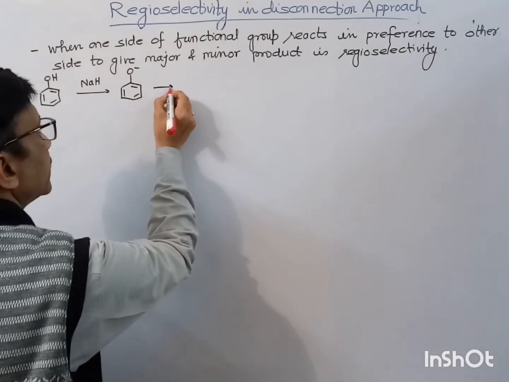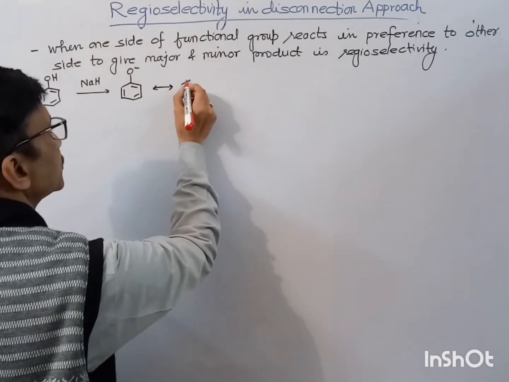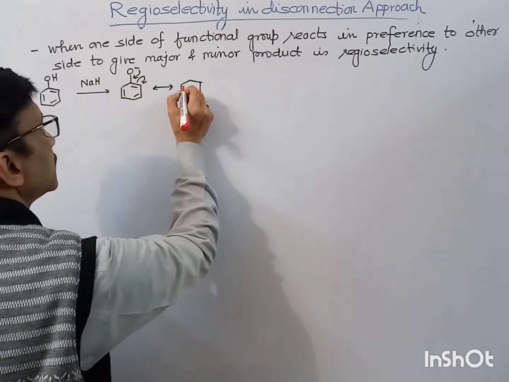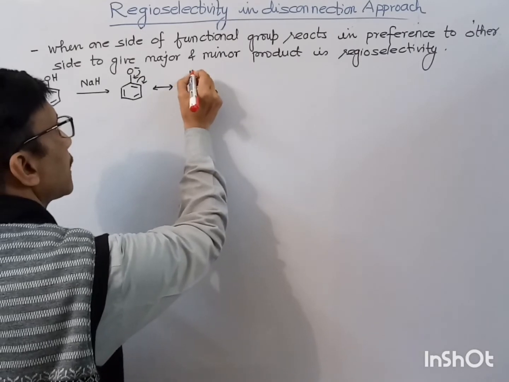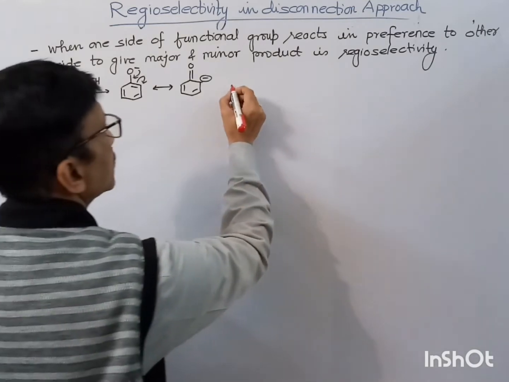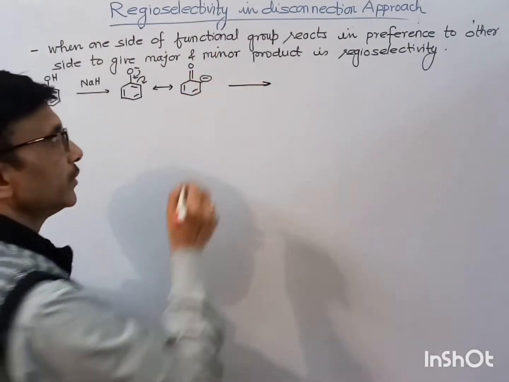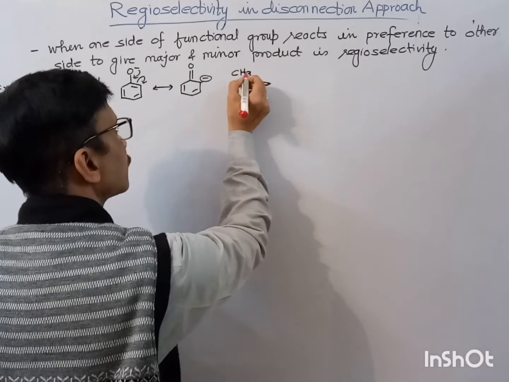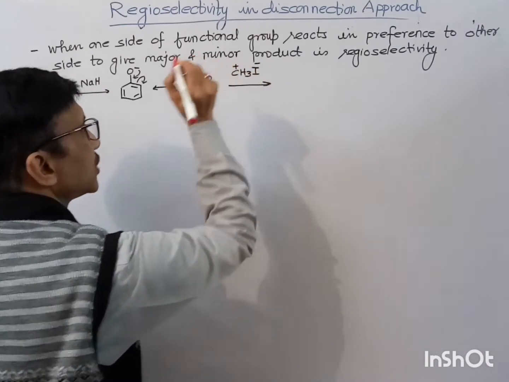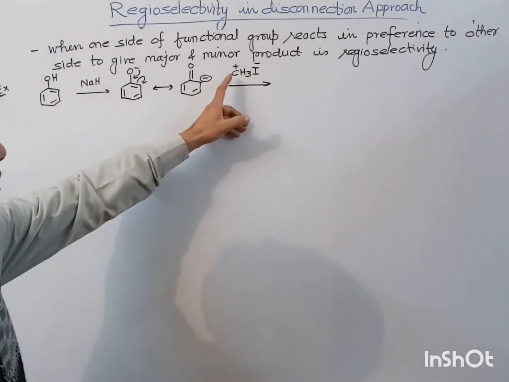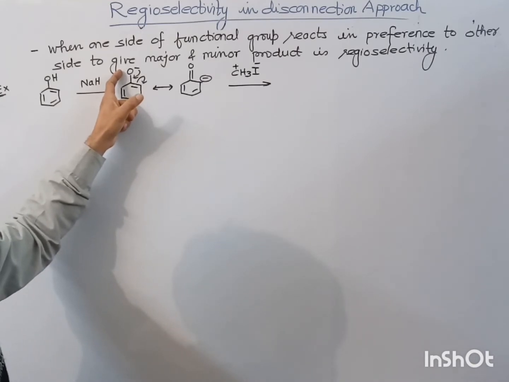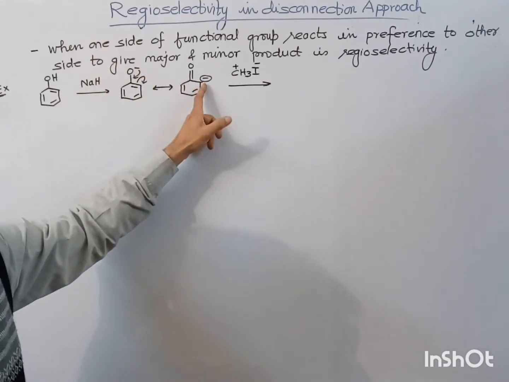Now this phenoxide ion has a resonance stabilized structure and we can write it with the minus charge over here. Now if we do the methylation of this in the presence of methyl iodide, this has a minus charge, this has a plus charge. So this methyl will react at the oxygen center, not the carbon center.